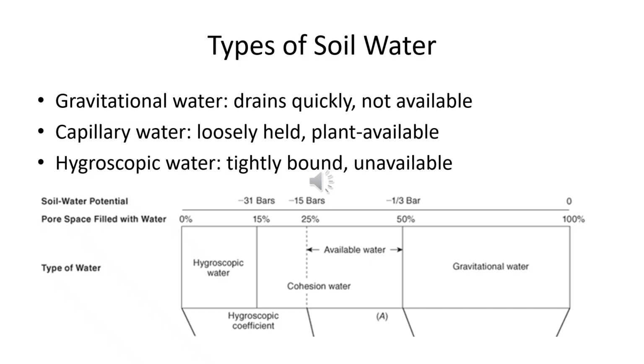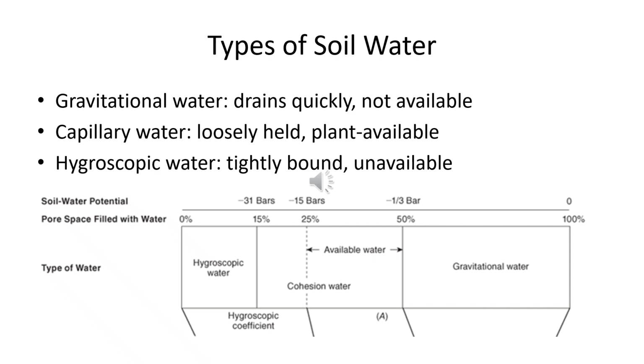Capillary water is held in small pores by cohesion forces and represents the main source of plant available water. Hygroscopic water exists as extremely thin films tightly bound to the soil particles, and that water is unavailable to plants. These distinctions set the foundation for understanding moisture constraints.